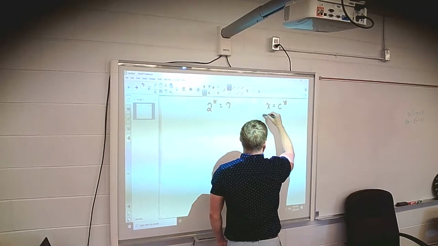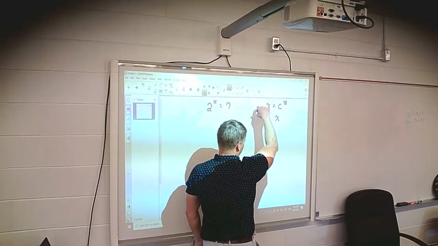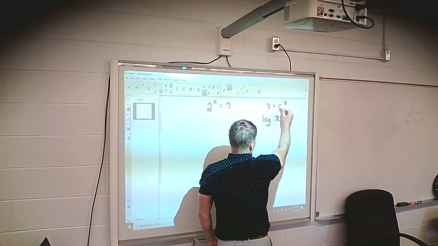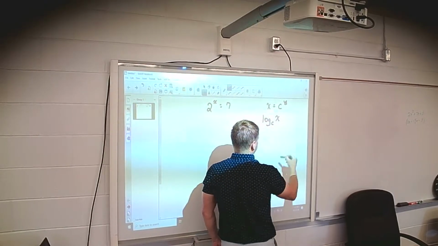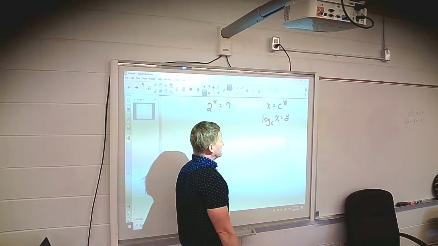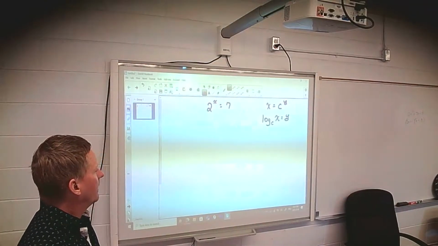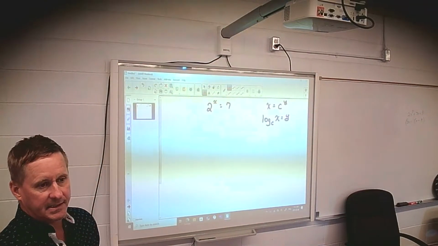To change it to logarithmic form, I take the log of x. This guy drops down and becomes my base. My exponent goes here. So essentially I have y is equal to log x to the base c.